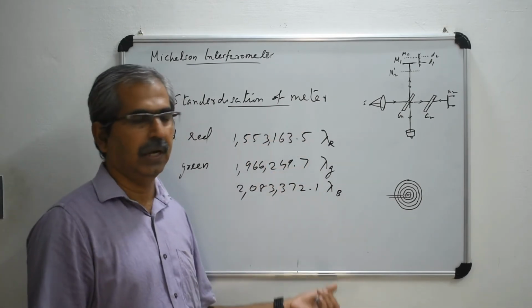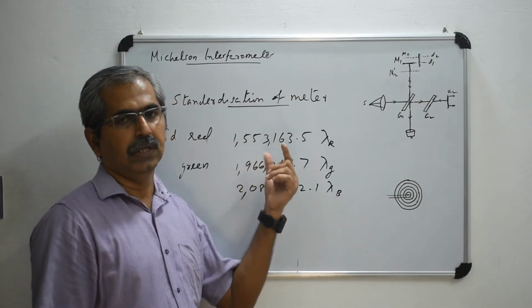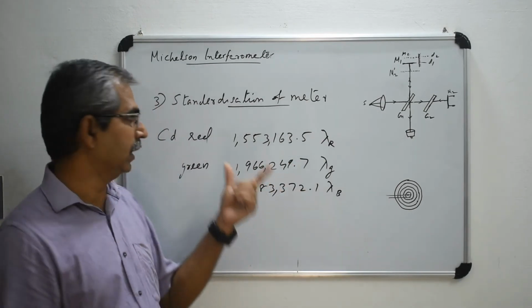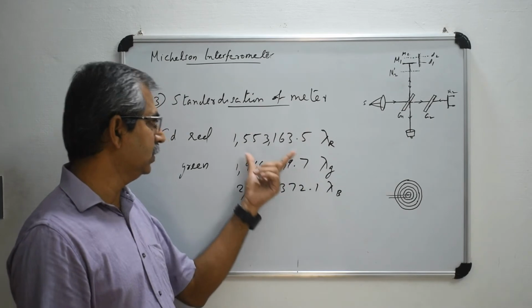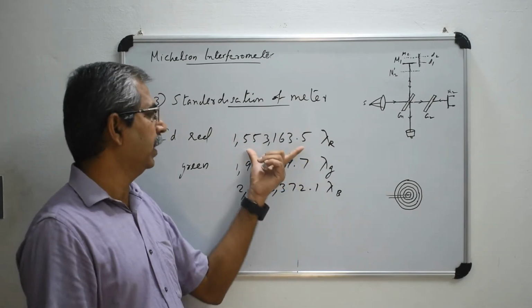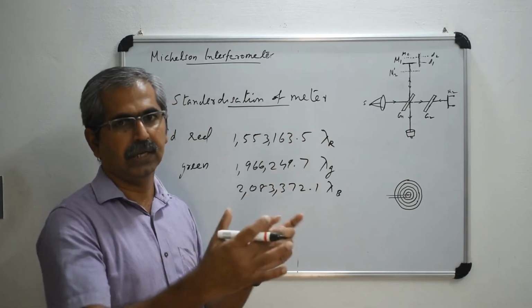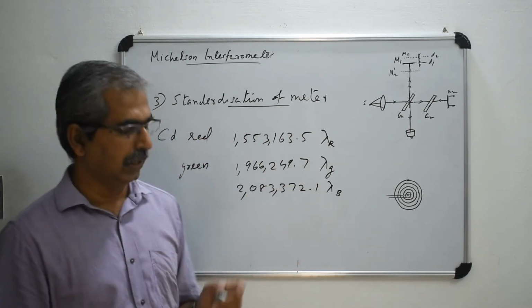Okay, and other definitions are also there using the red orange emission by the krypton. So you can remember any of this. So the idea is that by defining a meter scale in such a way, standardization will be more precise. Okay, so that is the application.